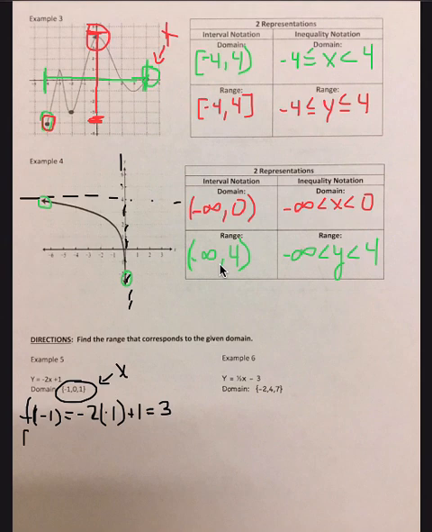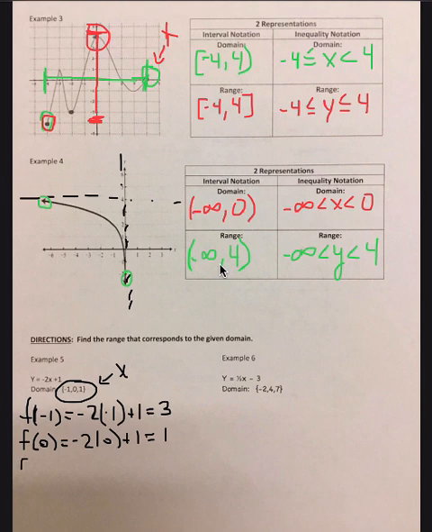Then we try the function at 0, f of 0. And we'll talk more about function form as we move along. So f of 0, we do the same thing. -2, we plug in 0 for x, plus 1. So -2 times 0 is 0, plus 1 is 1.